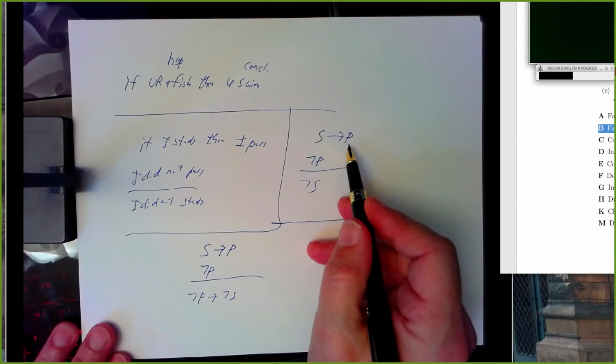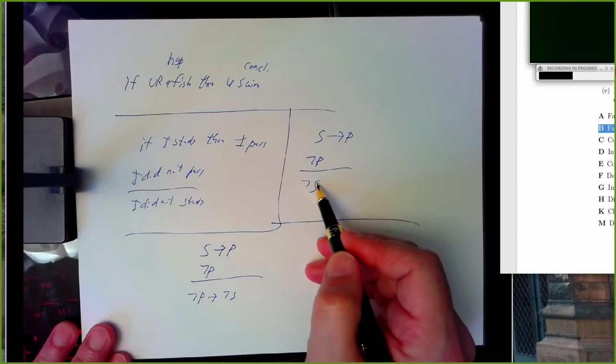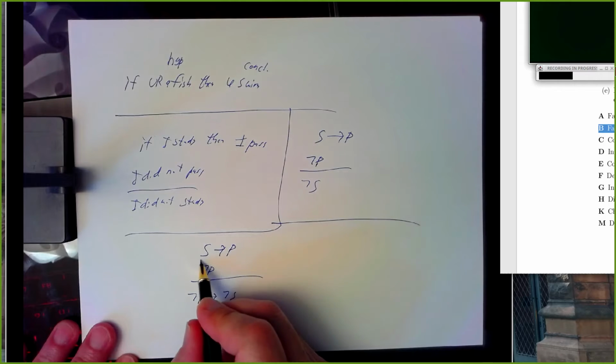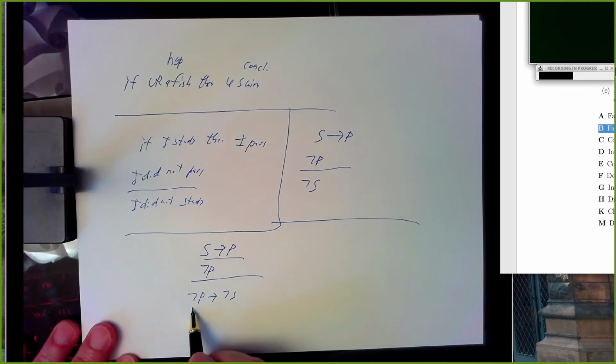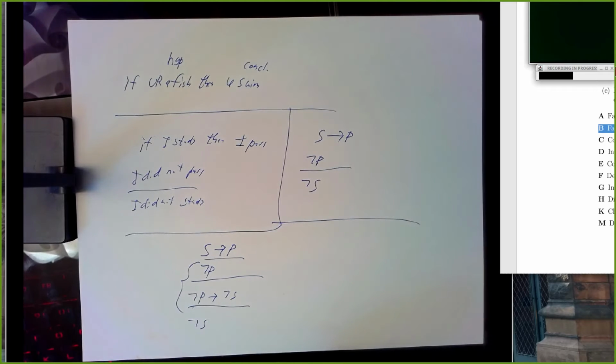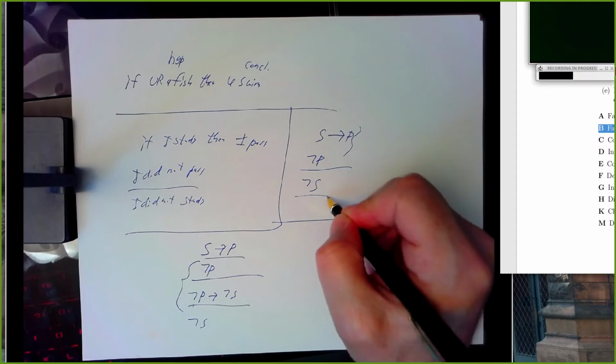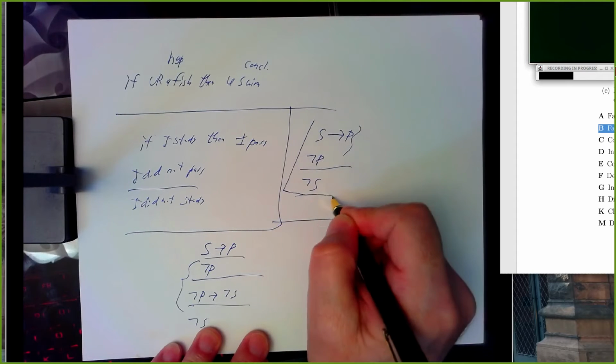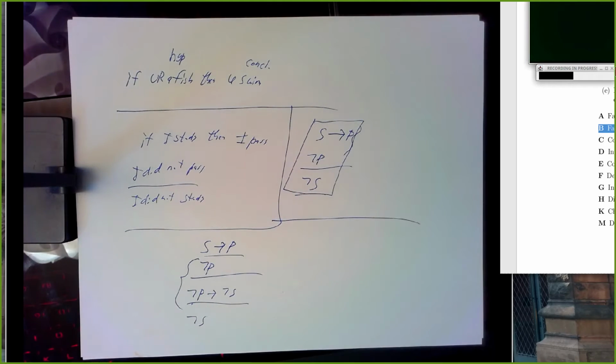If this is S and P, S implies P, not P, therefore not S. You could say S implies P, not P, those are the two hypotheses. We could apply the contrapositive to this and say, since this is true, this is also true: not P implies not S. And then you could take these two, combine them using detachment, and conclude not S. So you can use the contrapositive plus detachment to get from here down to not S. But as an entity by itself, this is an example of indirect reasoning.